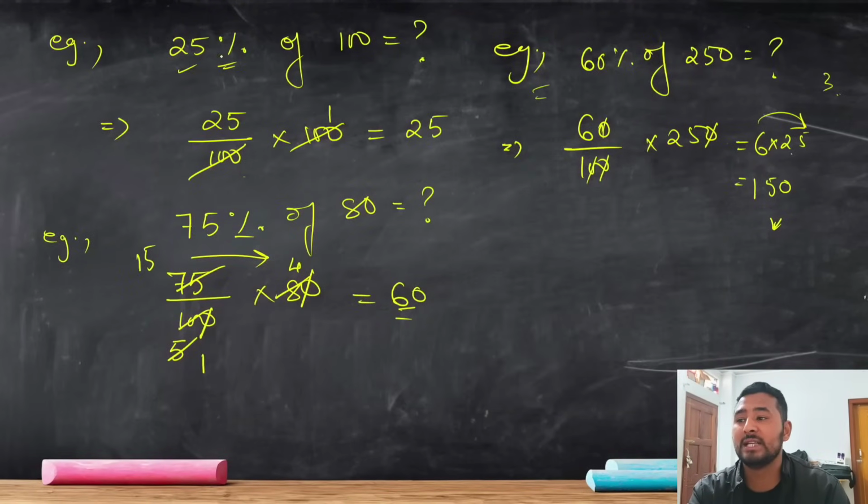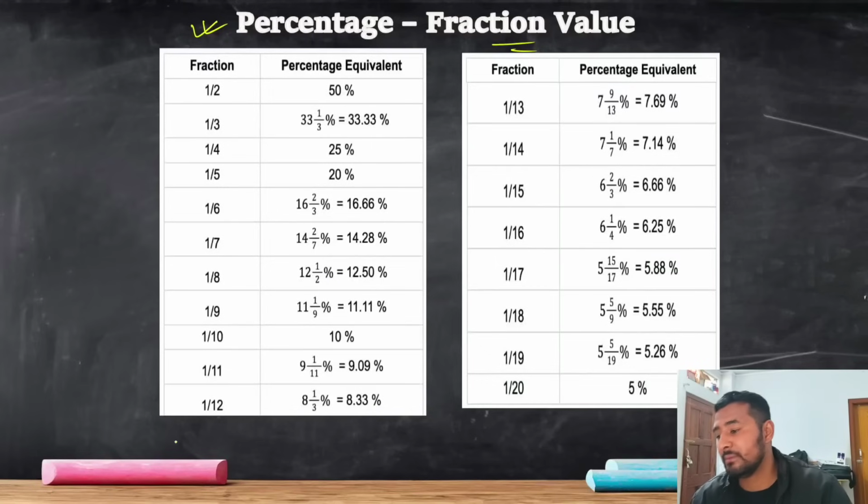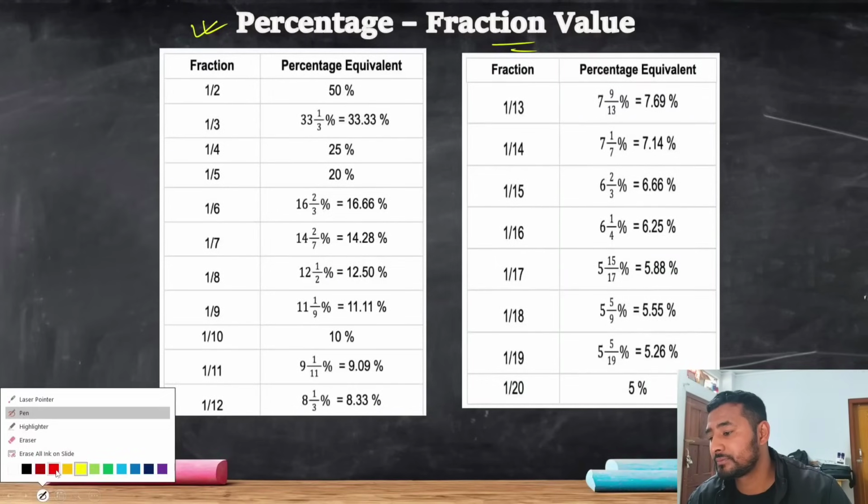If you know the percentage value, 25% can also be written as 1 by 4. If I give you 75%, this can also be written as 3 by 4. See, this is very easy. So let me show you one first. Let me change the color of the pen.